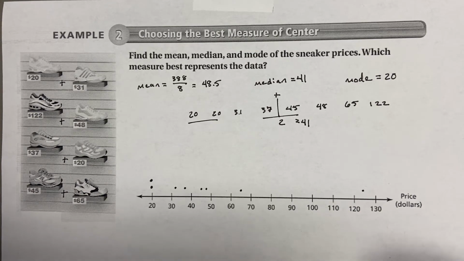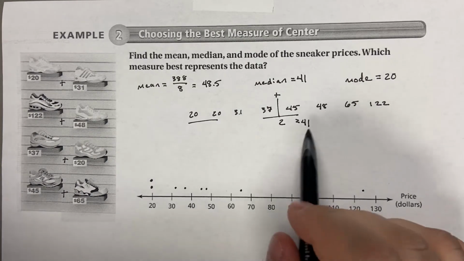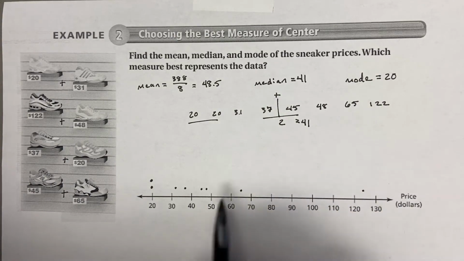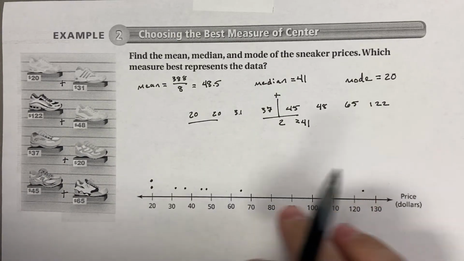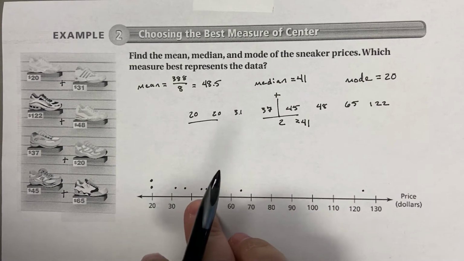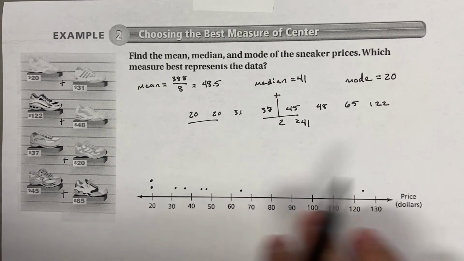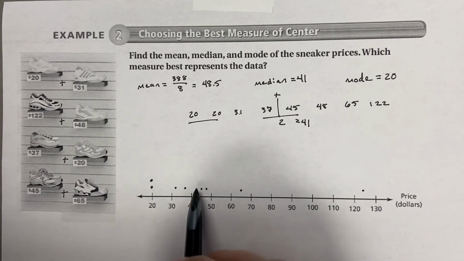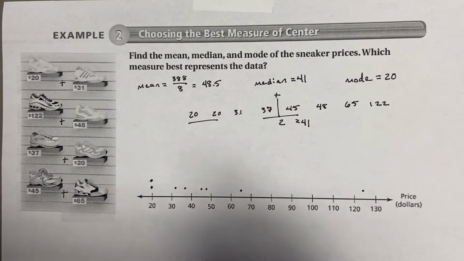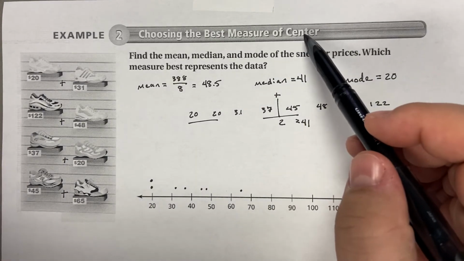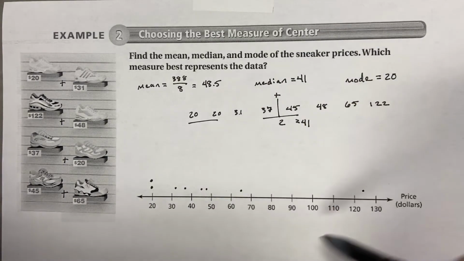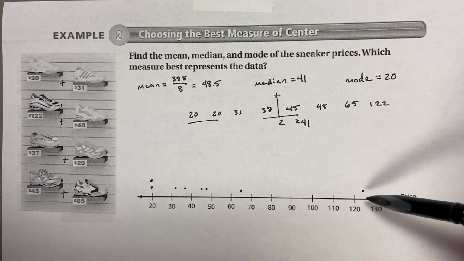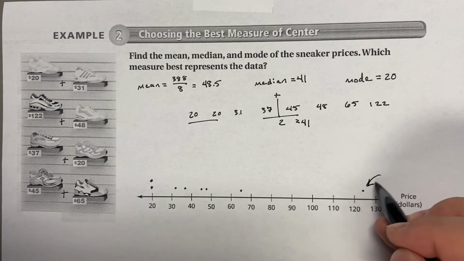The median appears to actually show it the best. At 41, we have 1, 2, 3, 4. We have half on one side and half on the other. At 40.5, we have the same, but it's not quite the middle. What we're really looking for is, since it says measure of center, we're kind of looking for the center thing. This guy we will come to later, but this guy is called an outlier.